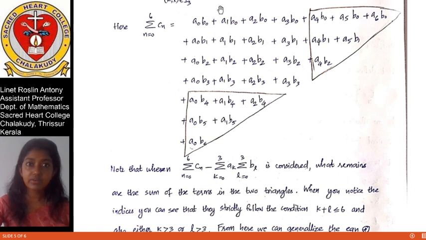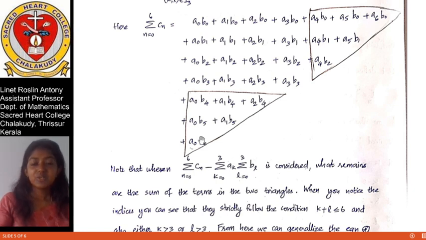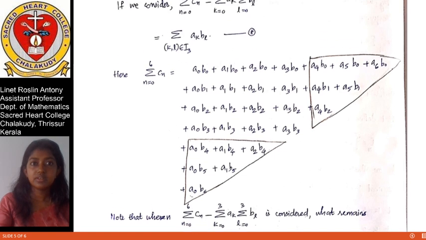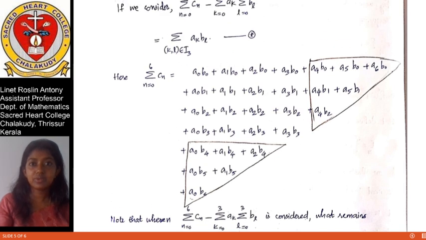So here a0 b0 is C0, this is C1, this is C3, this is C4, this is C5, and this is C6. The sum of the terms of the sixth anti-diagonal will be C6. So you have seen all the values and series used in the illustration for this equation star.